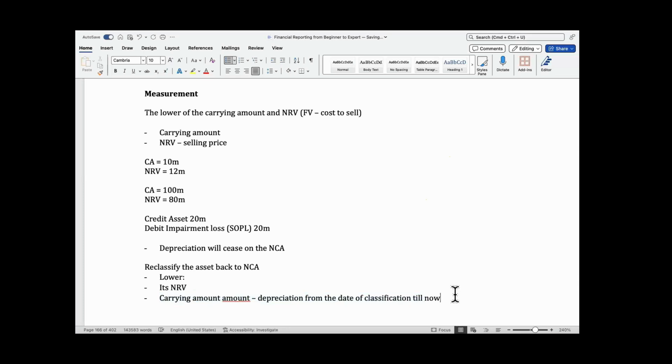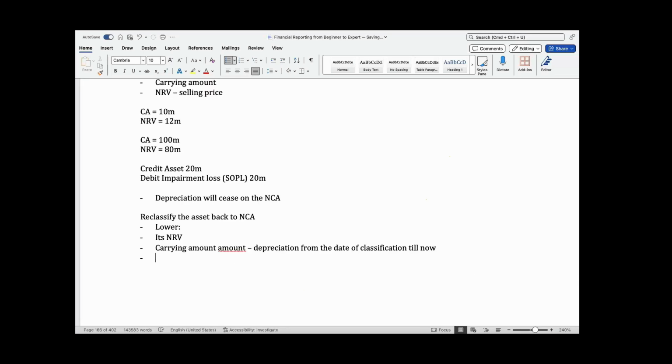When you reclassify an asset back to non-current asset, it would be better if I attach a figure. Let's say in 2024, you classified an asset as non-current asset held for sale, and the value was 300 million. This 300 million was the NRV.